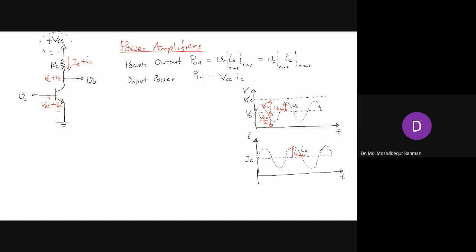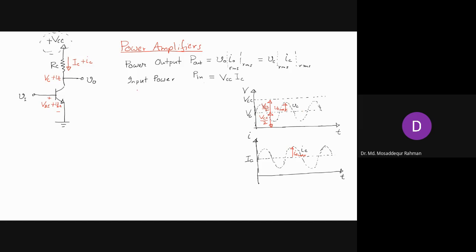If you put VC halfway of this VCC, then you can have the maximum swing of the collector small signal voltage for both the positive and negative cycles.